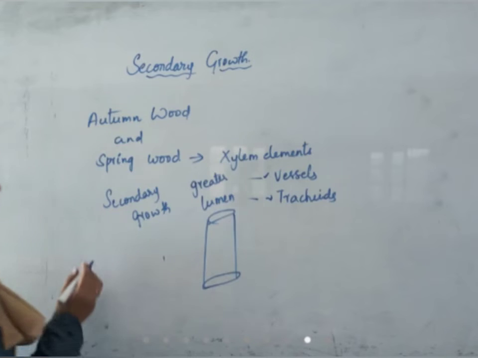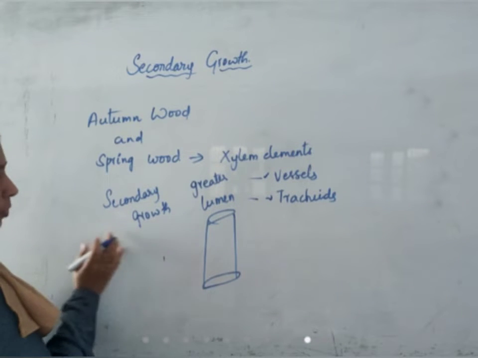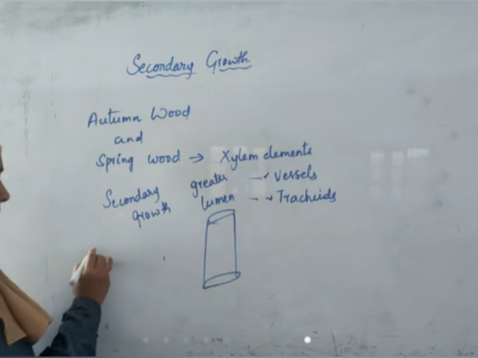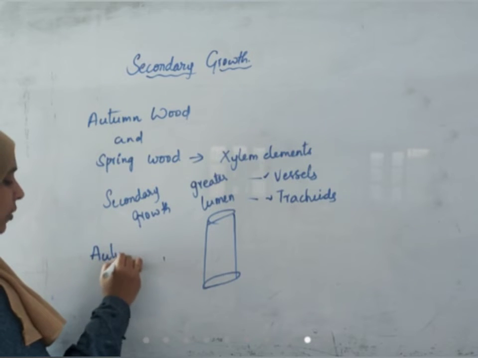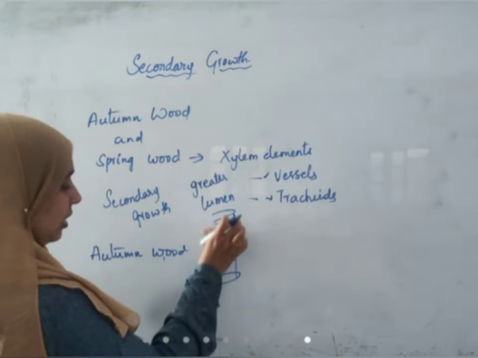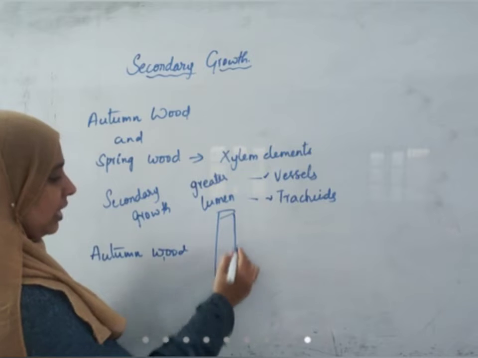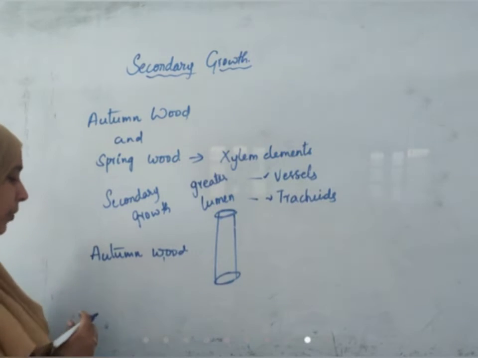So it looks very fresh and easily transports more water compared to autumn wood, that is in the leaf fall season. The tracheids or vessels are narrow and conduct less water.